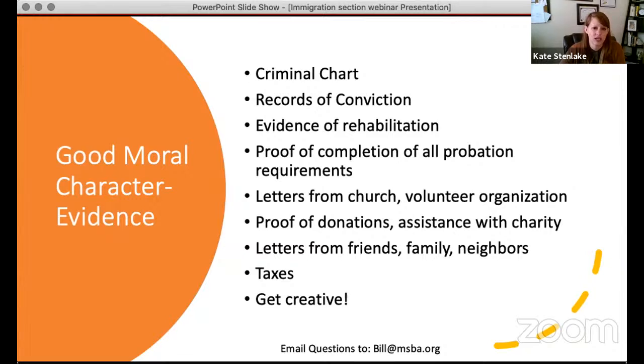As I said, if you have these criminal convictions or even just arrests, anything on the record, you really got to counterbalance it with evidence of good moral character. And like I said, you get creative. This is just a basic list, but just because your client doesn't go to church or doesn't donate doesn't mean they're not a person of good moral character. You can move on to the next slide.